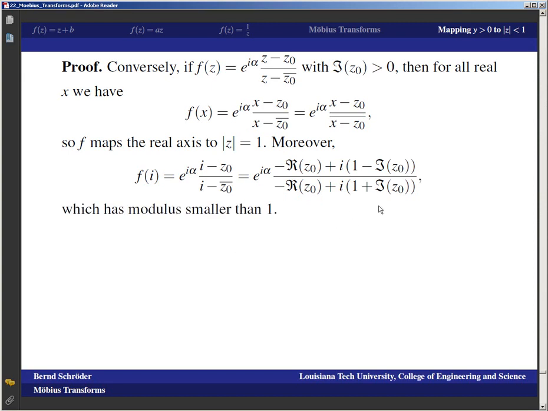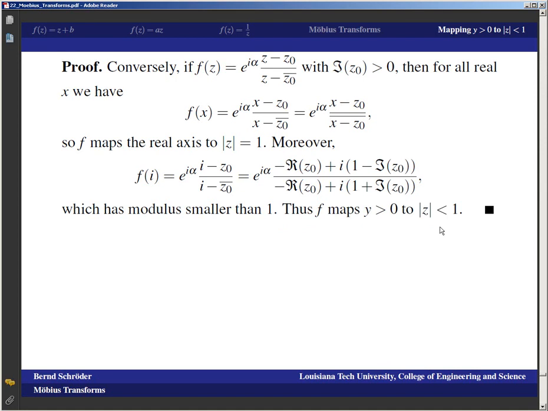That has a modulus smaller than 1, again, because imaginary part of z0 is greater than 0. So if I take the square of the absolute value up here, then that is smaller than the square of the absolute value down here, and that means that the modulus is smaller than 1. Okay, so f maps therefore the upper half plane to the unit disk. And that's what we wanted to prove.